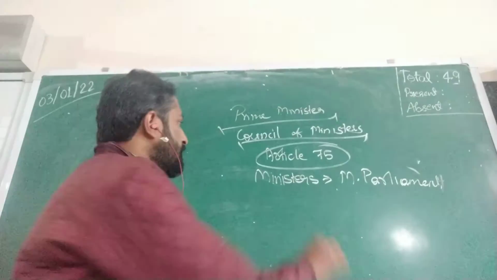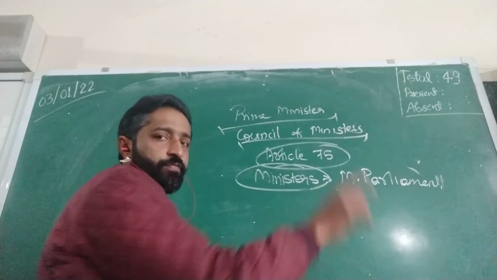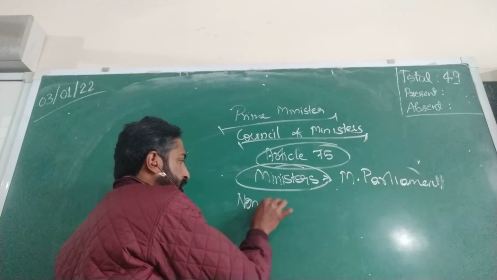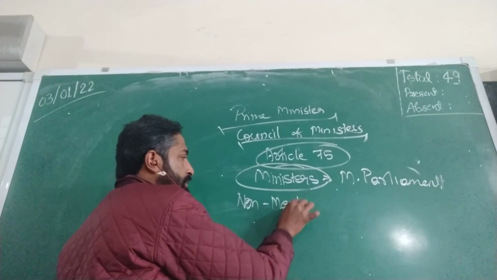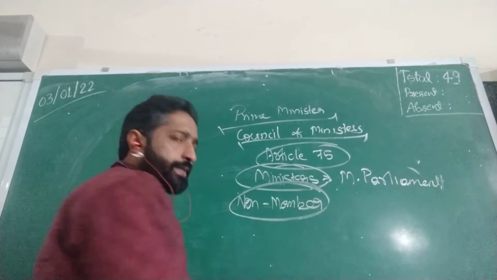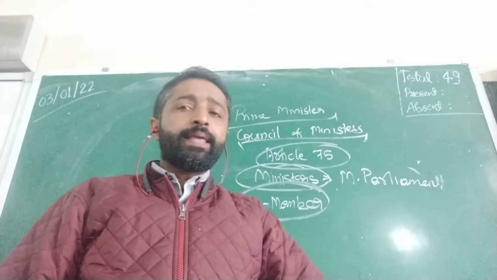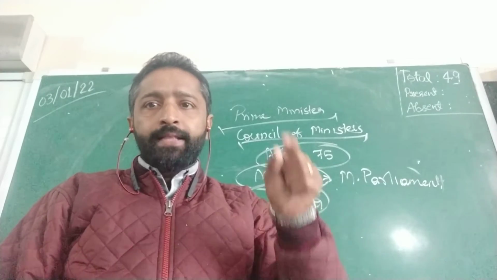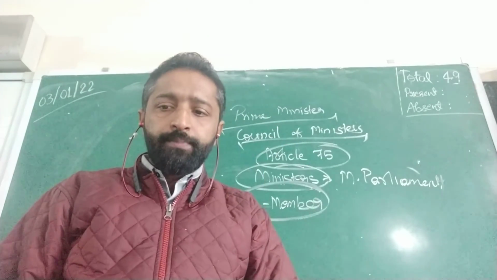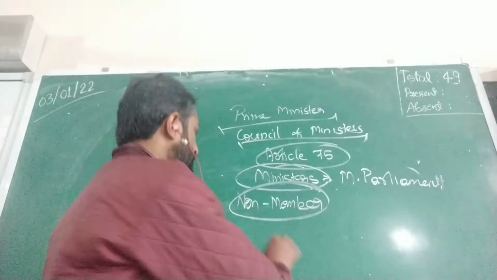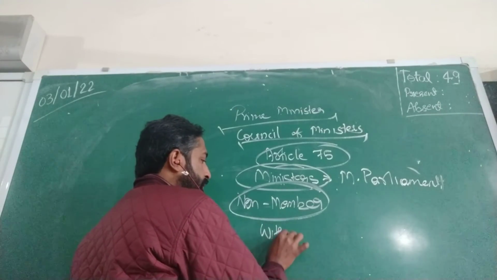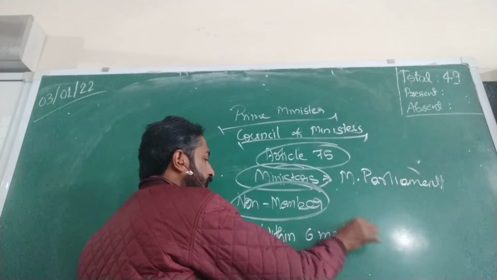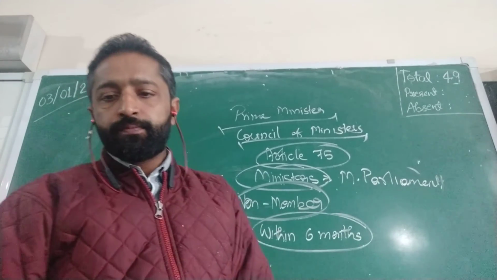In the normal sense, ministers are members of Parliament. By chance, if a non-member is appointed as a minister, what will happen? That person can be appointed as a minister, but he has to be either elected or nominated within 6 months. Okay? Within 6 months from the date of his appointment.